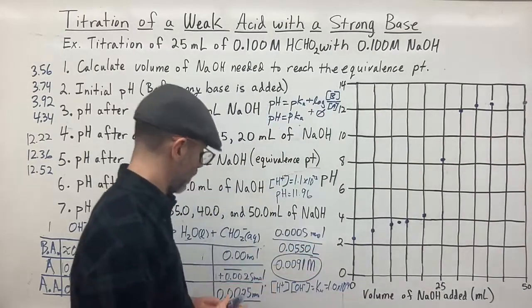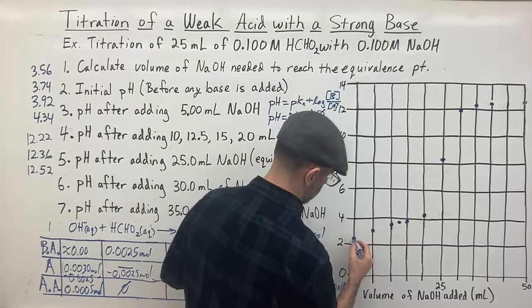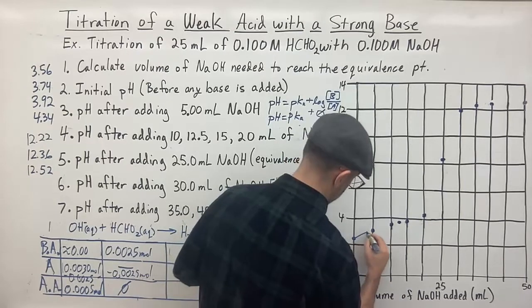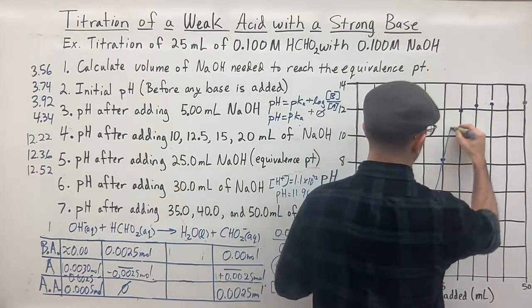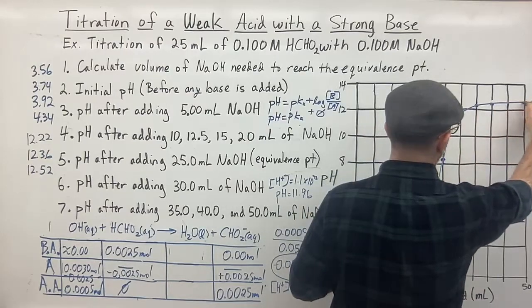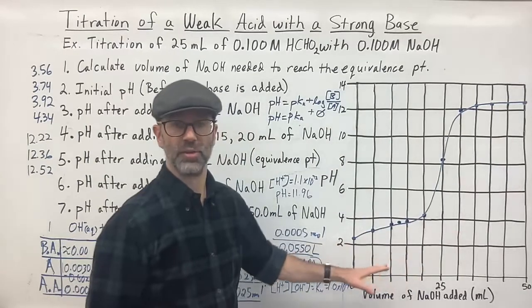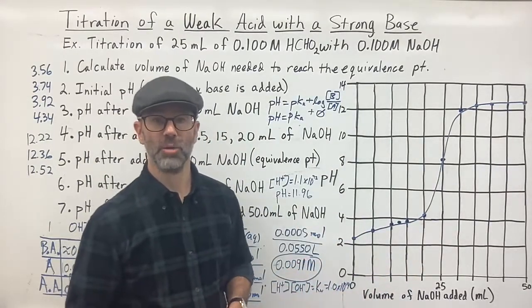If we connect the dots, you'll see that the graph looks something like this. So here we go. Like so. This is what the graph looks like when you titrate a weak acid with a strong base.